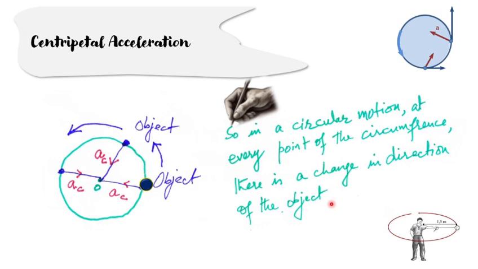And it moves around the center of the circle. If you look at the diagram, the object is a blue dot or a blue body, and it is going in anti-clockwise direction around O.